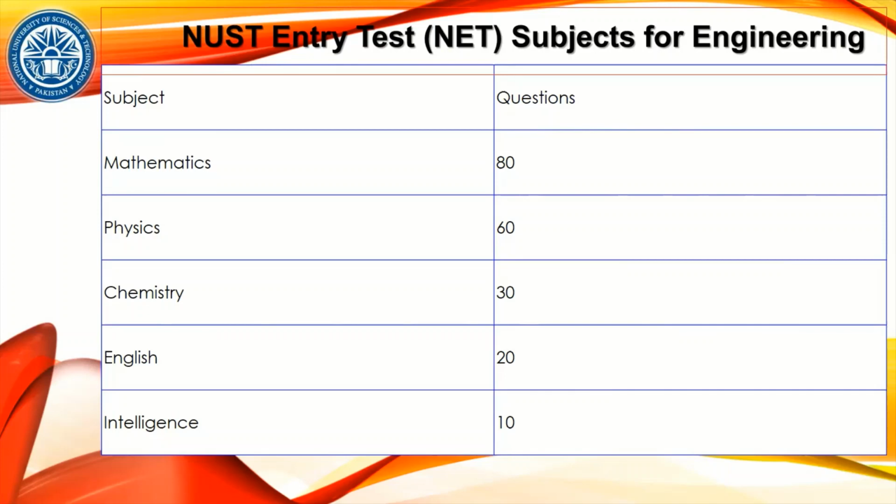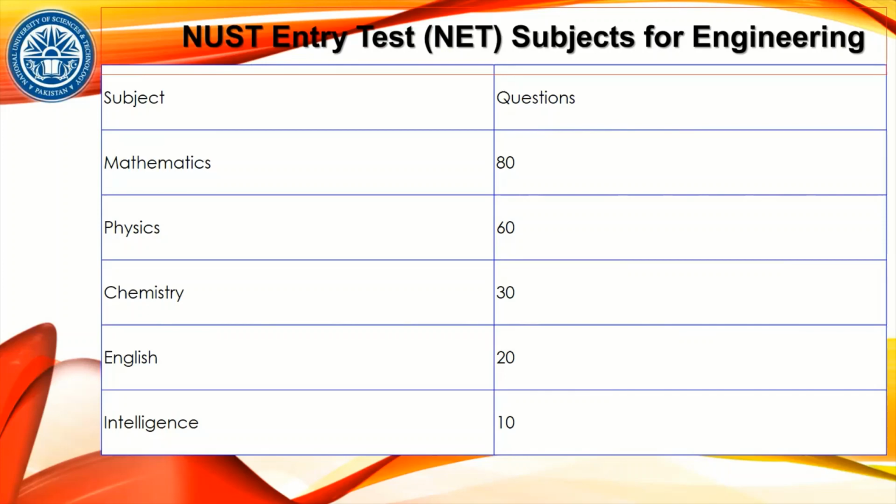The intelligence section, sometimes they change it with an aptitude test, sometimes they replace it with general knowledge, current affairs, this and that. But the intelligence test is only 10%. There are some other disciplines where this weightage increases gradually, but for engineering students seeking admission in different departments of engineering, only 10% weightage is given to the intelligence level.